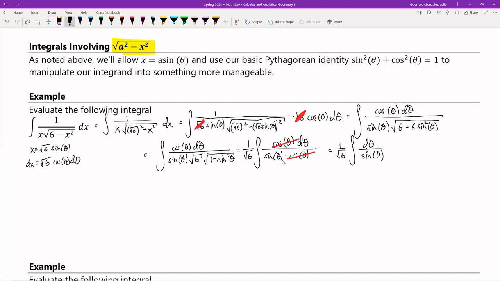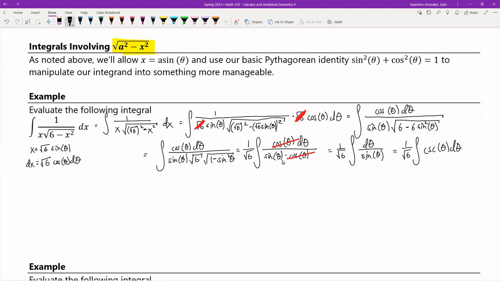And if you remember this from our previous section, this is 1 over root 6 times the integral of cosecant theta d theta. And the answer here, actually, let me not do it over there.